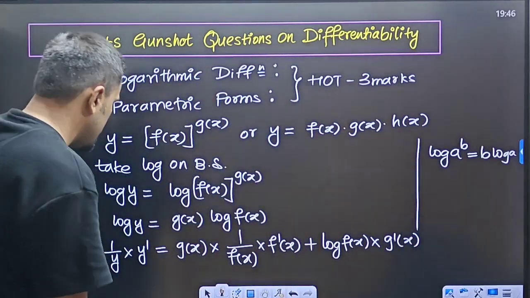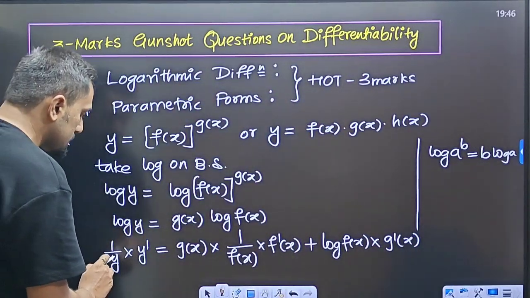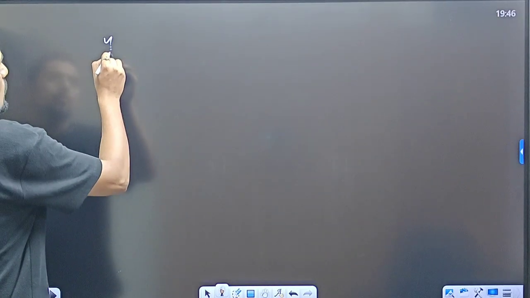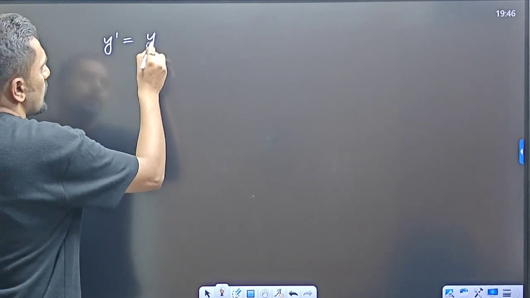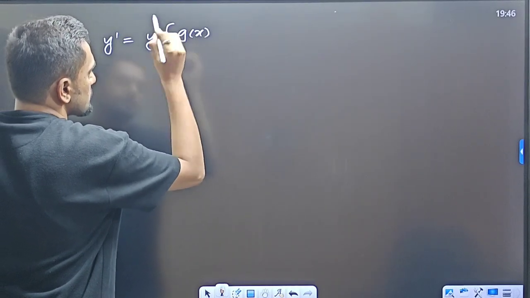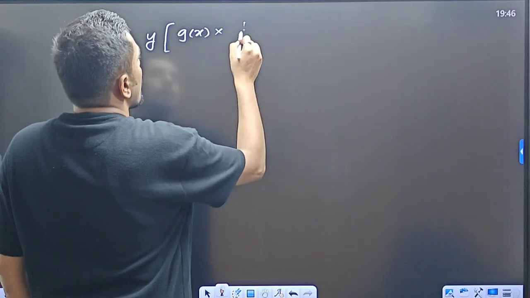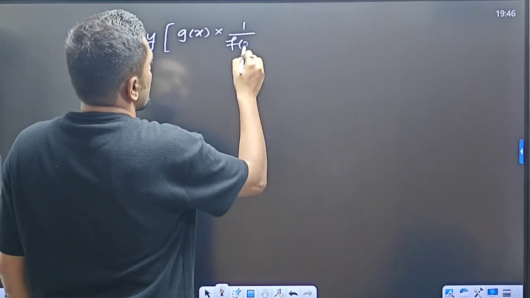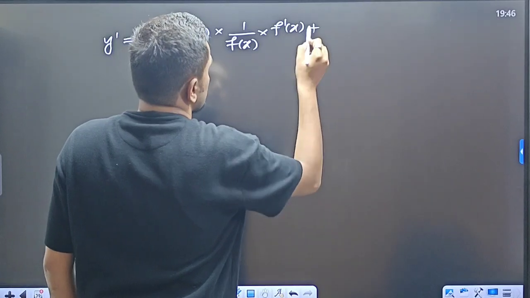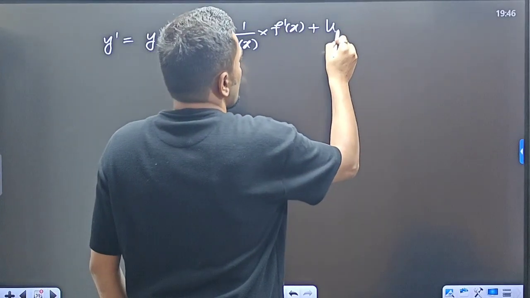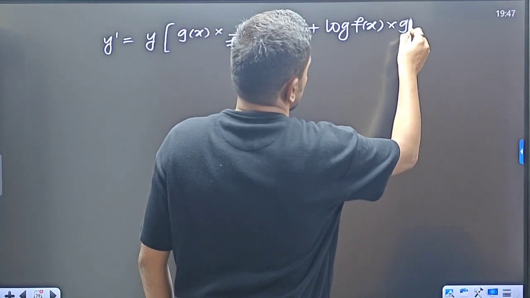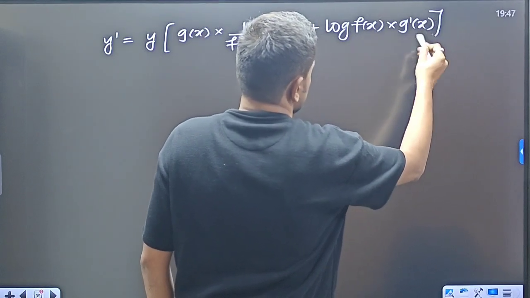Then I will shift this y to that side. Then this becomes y dash is equal to y multiplied by g of x into 1 divided by f of x multiplied by f dash of x plus log of f of x into g dash of x.